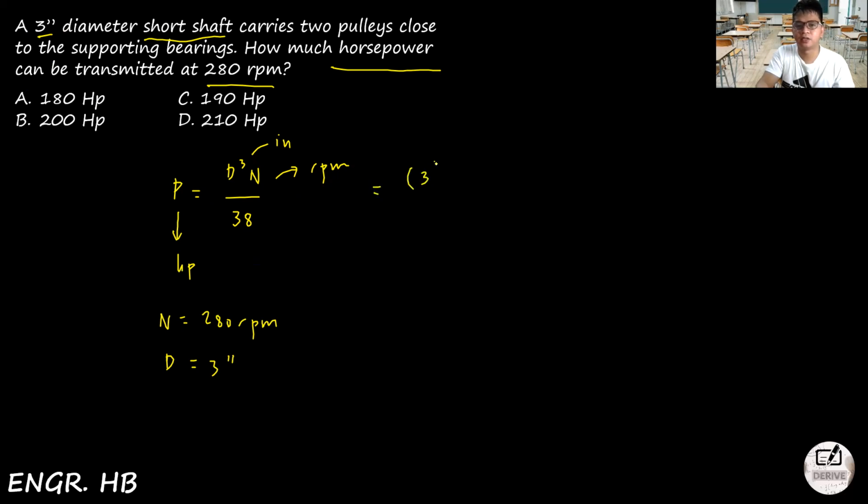So it will become 3 cube times 280 divided by 38. So that was 198.95 horsepower. And all the choices naman is in horsepower.